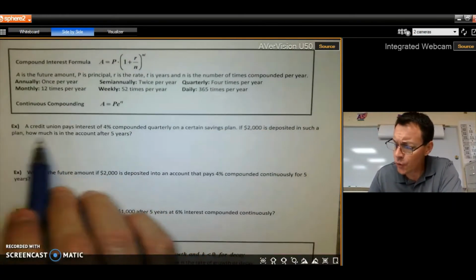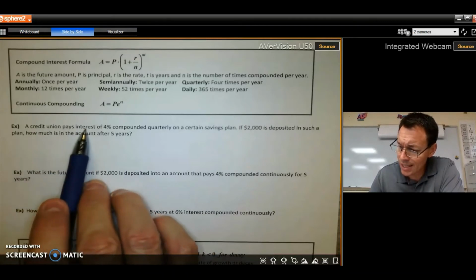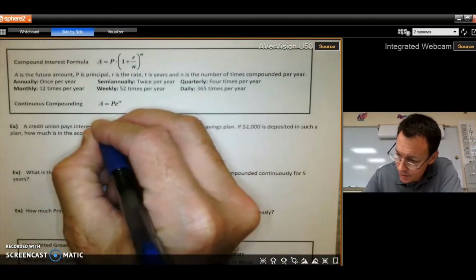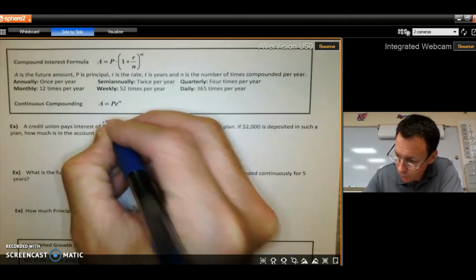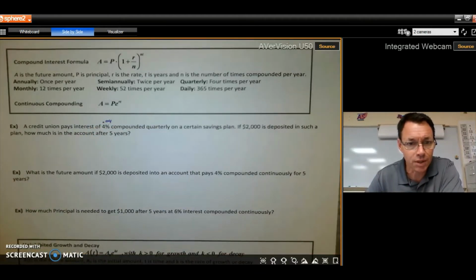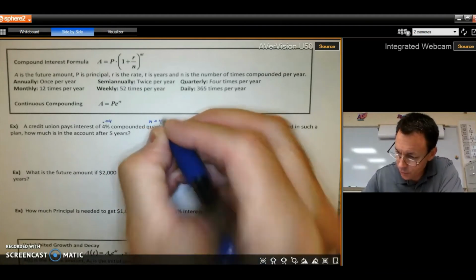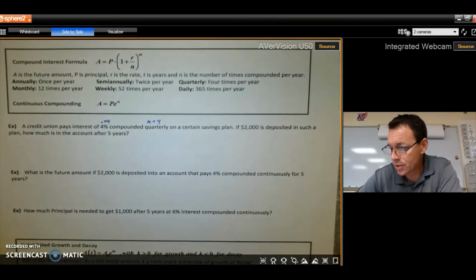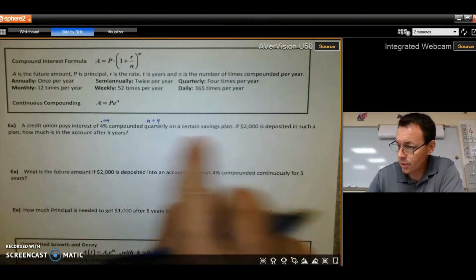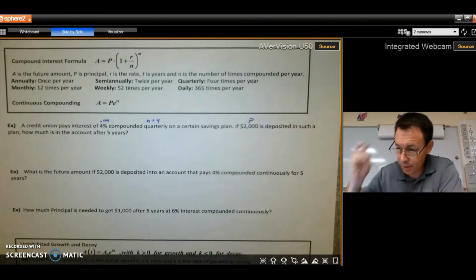So, for example, a credit union pays interest of 4%, so that's going to be 0.04 when we plug it into the formula. Compounded quarterly, so our N is going to be 4 times per year, on a certain savings plan. If $2,000 is deposited in such a plan, that's our principal, our starting money.